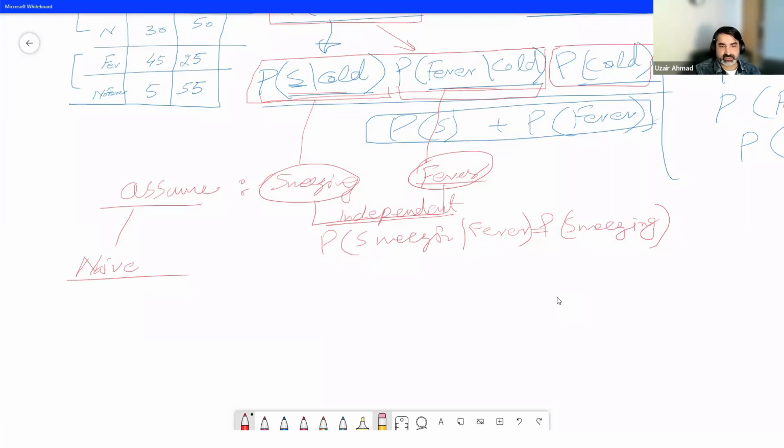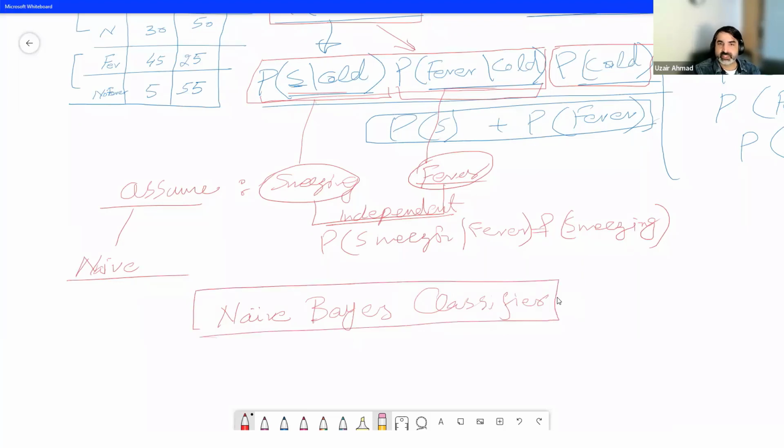And due to this assumption, we call our classifier the naive Bayesian classifier, naive Bayes classification or classifier, right? Even though it is a naive assumption, we want to ignore the interactions between independent variables, but it is a very powerful assumption.